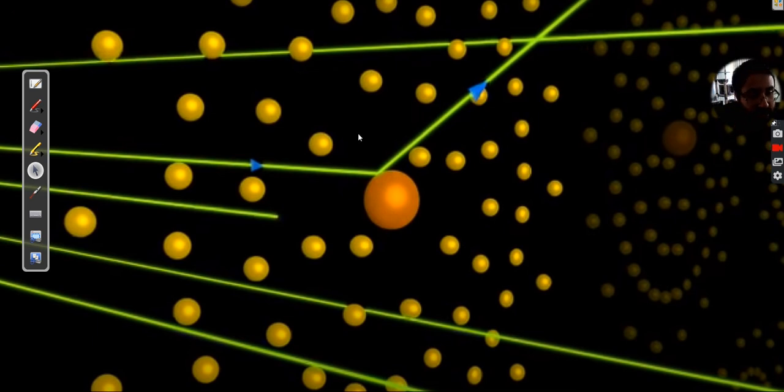One, it tells us that the sheet of gold foil is mostly empty space, since most of the beam can go through. And number two, if things bounce back sharply, that means there's something heavy in there making things bounce back. And that's the nucleus.